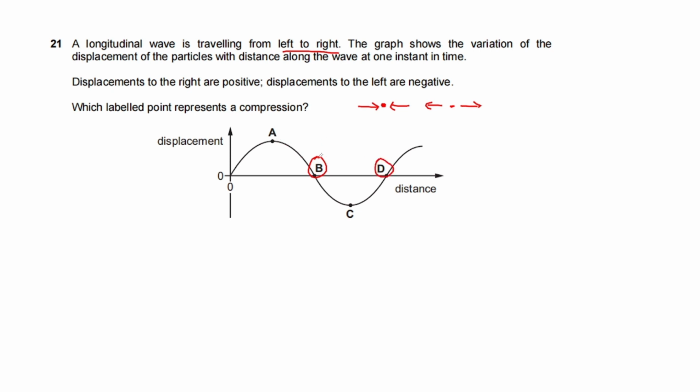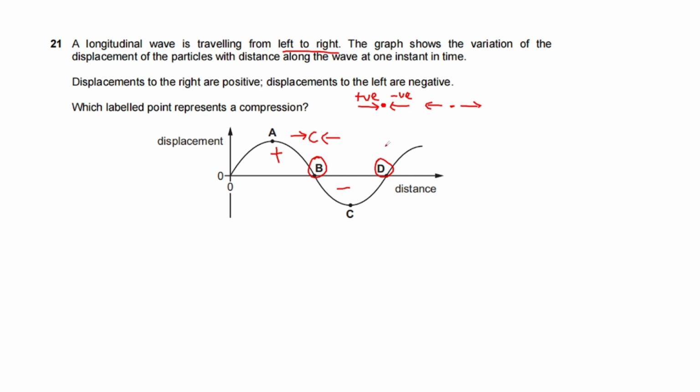So here we can analyze these 2 points. It is given that displacement to the right is positive, displacement to the left is negative. Here it is positive, here it is negative. So the particle on this side is moving to the right, the particle on this side is moving to the left. So the particles are coming closer to a point, which means this creates compression.